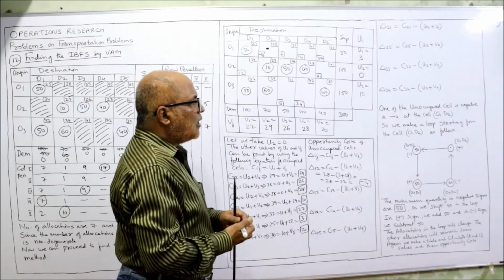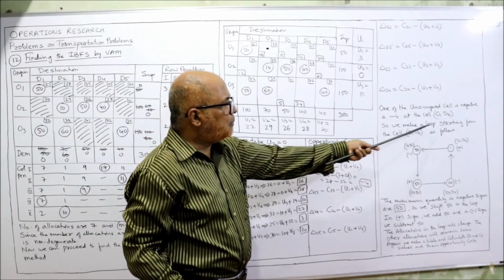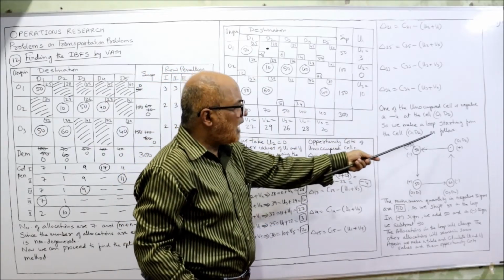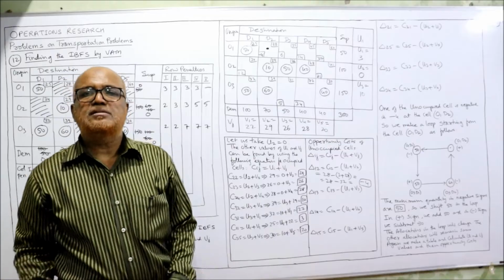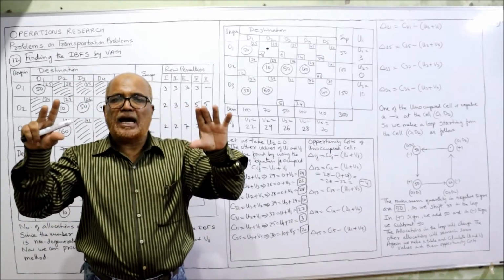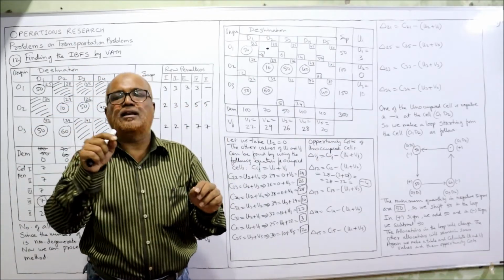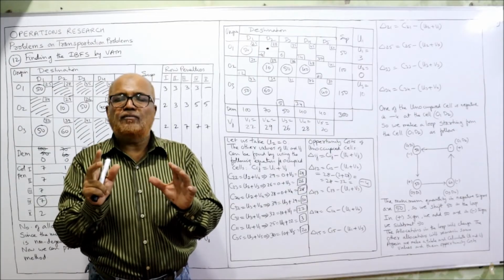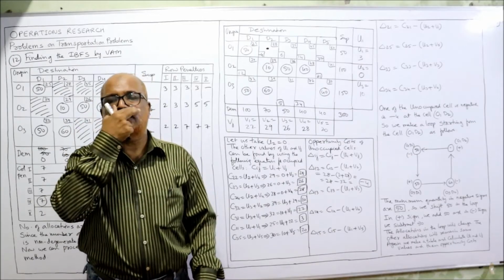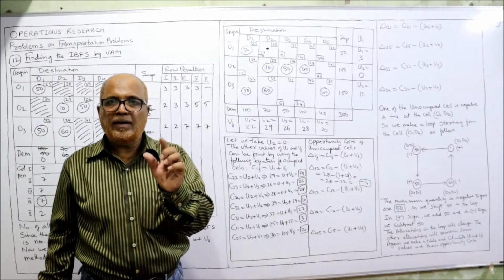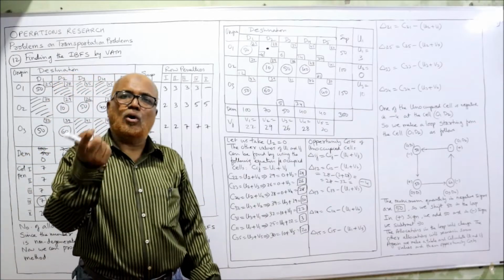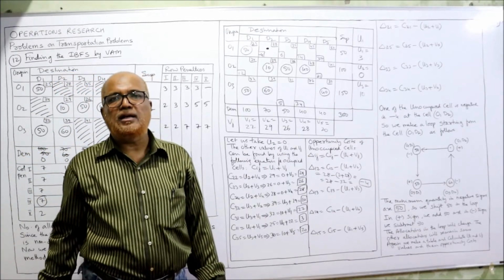Right? Now we make a loop starting from the cell O1, D2 as follows. Loop means a square or a rectangle where turning will take 90 degrees. The turning will be made at the occupied cell. Either you go clockwise or you go anti-clockwise.